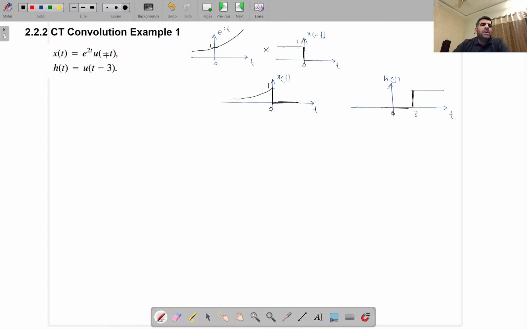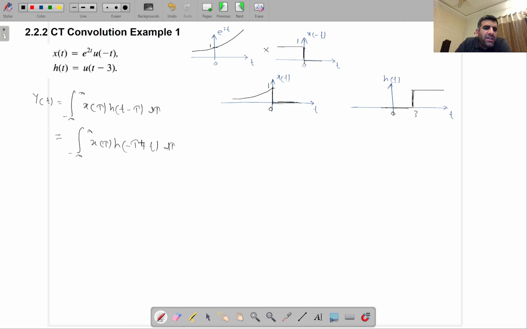Okay guys, so now let me write down the convolution integral. The convolution integral is minus infinity to infinity x of tau h of t minus tau d tau, and let me write it like this, minus tau plus t.